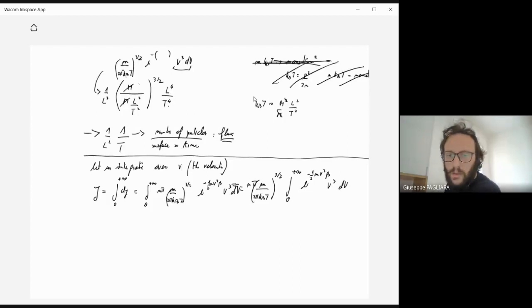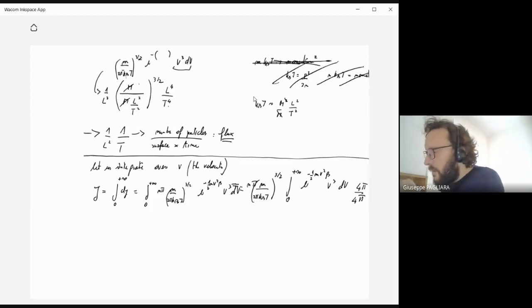Let me do the following trick: multiply and divide by 4 pi. Now, why I'm doing that, for a reason that is going to be clear in a moment. 4 pi, and 1 divided by 4 pi.